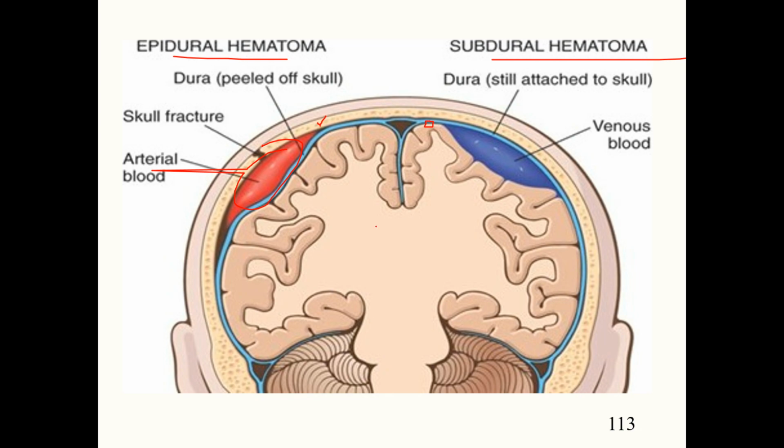In the epidural hematoma, that's mainly going to be arterial blood, so it's going to be pretty dangerous because arteries tend to bleed out. You tend to lose a lot of blood with arterial breaks. Venous blood, again, still dangerous because you can look at the pressure on the brain and see that, you know, that brain has nowhere to go. So it's definitely putting pressure on the brain in both situations.